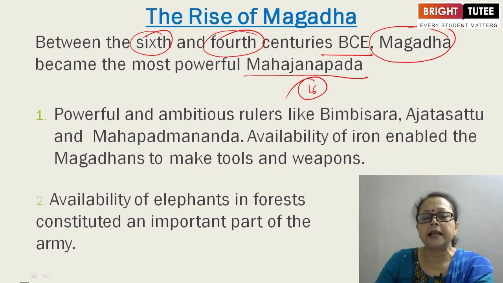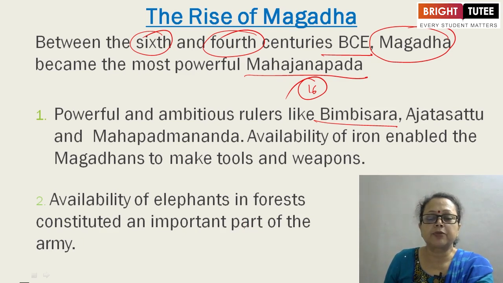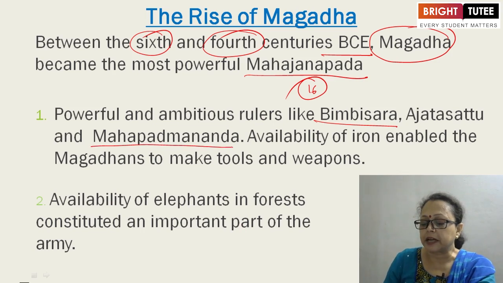There were powerful and ambitious rulers like Bimbisar, a very ambitious ruler. Ajatasattu was also there. Spellings are different; if we collect it from the original text, it is Ajatasattu. And Mahapadma Nanda.